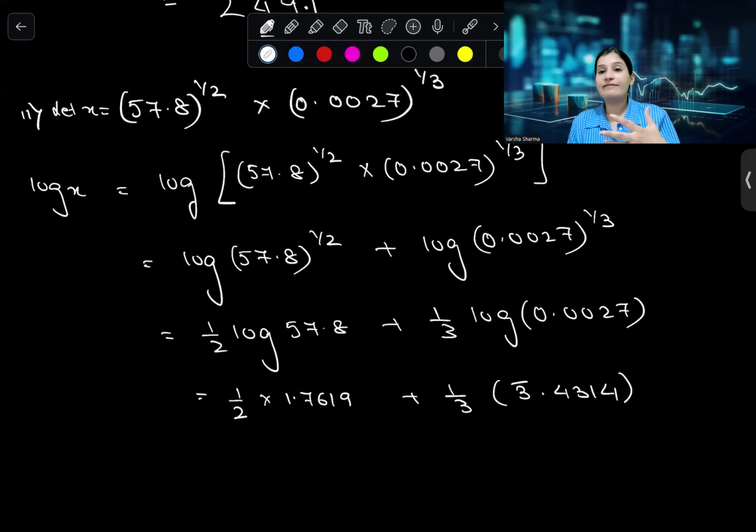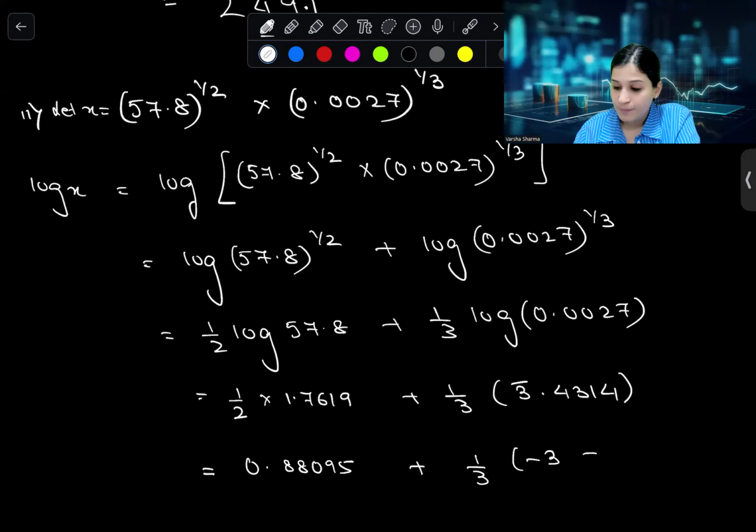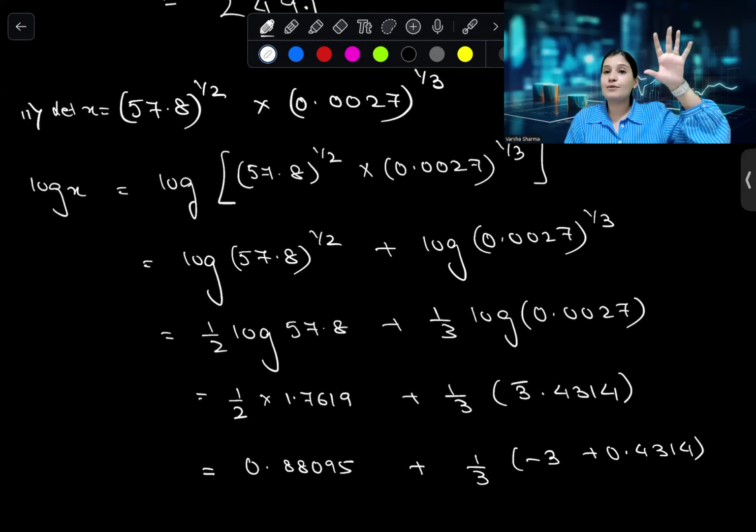Now, in order to simplify, we need to first remove this bar. We can't have the bar. 3 bar means 3 is negative, but the decimal portion can never be negative. That is positive. So if I expand this bar, the bar portion is negative, the decimal part is positive.